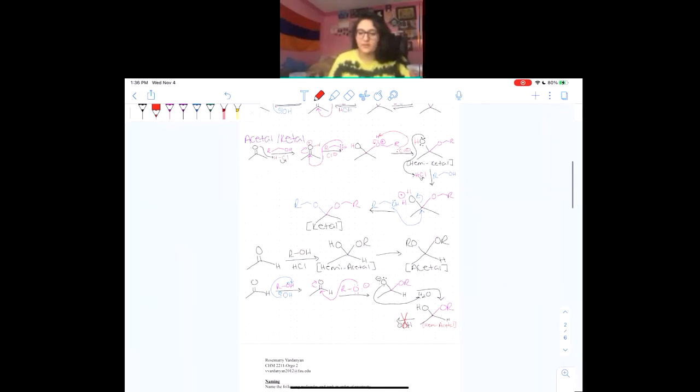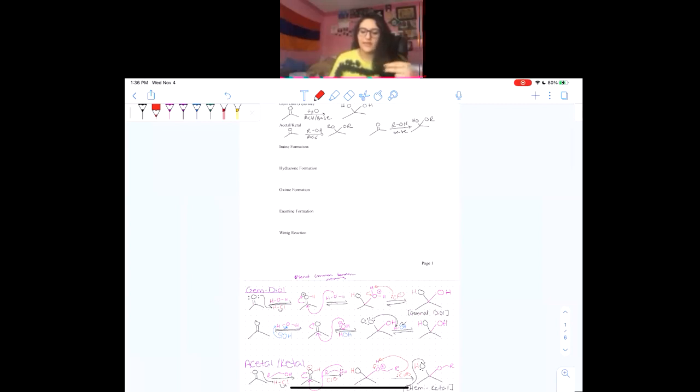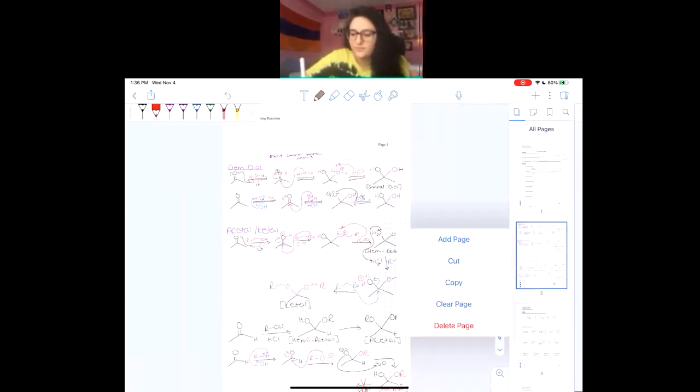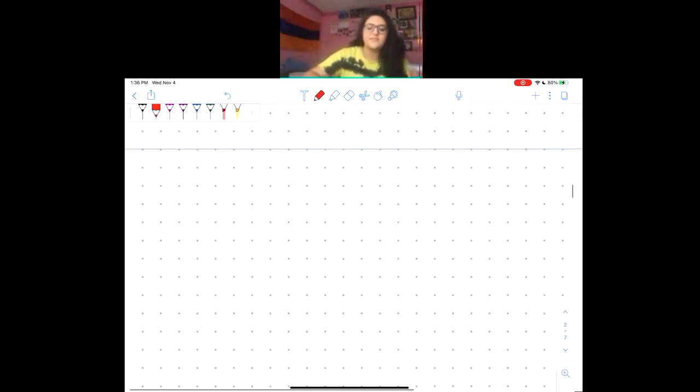So I can zoom out a little bit, and I'll leave that up for a couple seconds. And the next reaction is the Amine Formation. So I will go ahead and make another page. So this is where we get fun names for things.